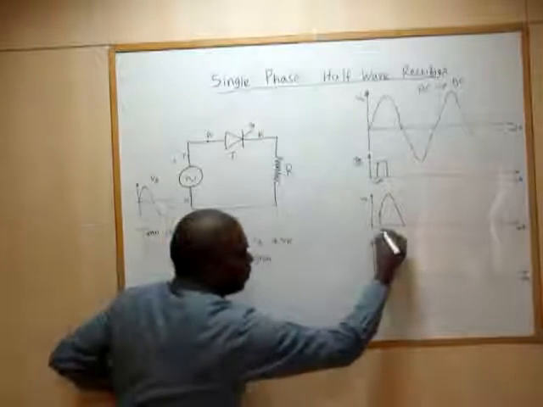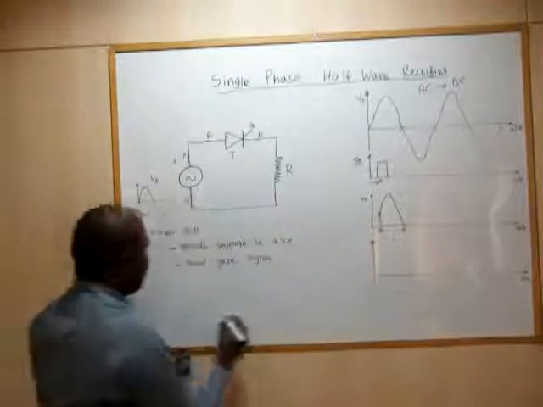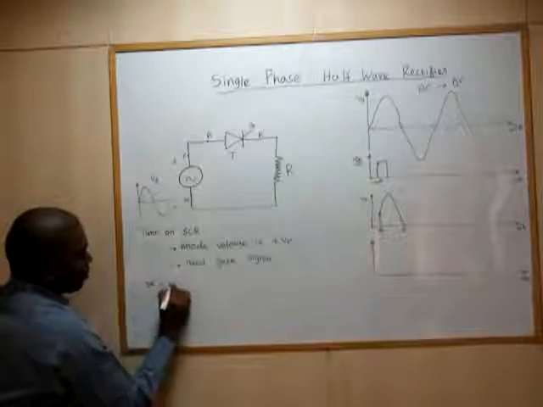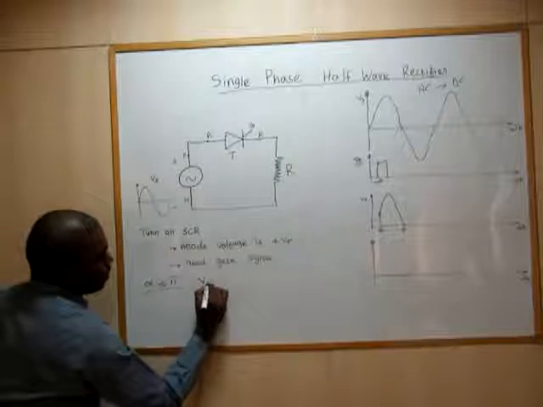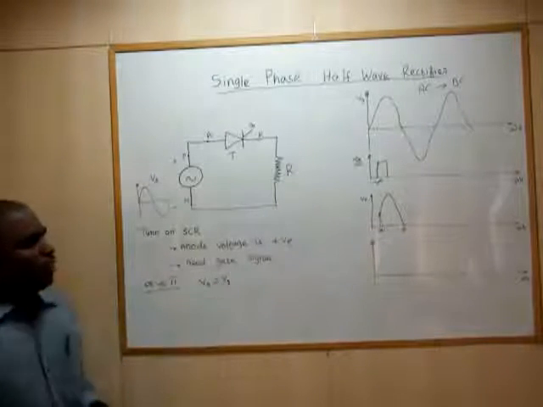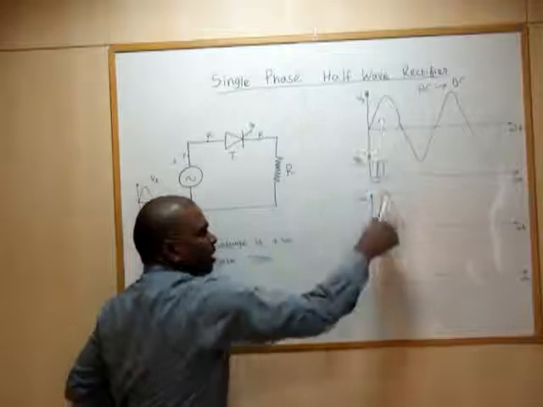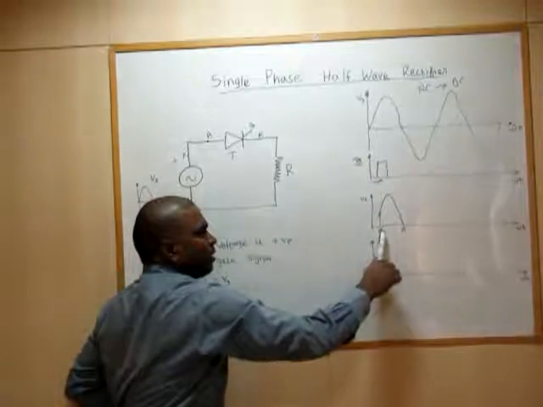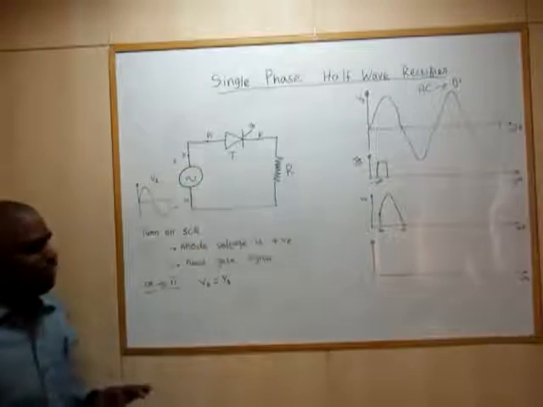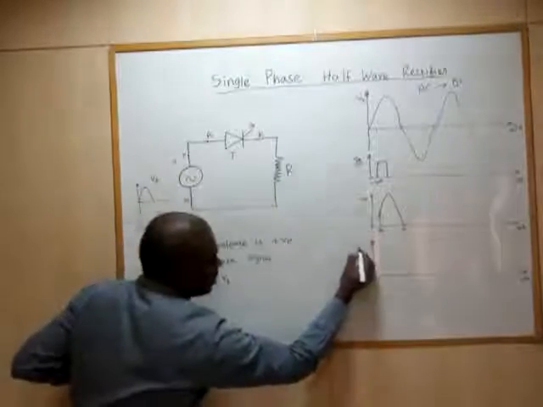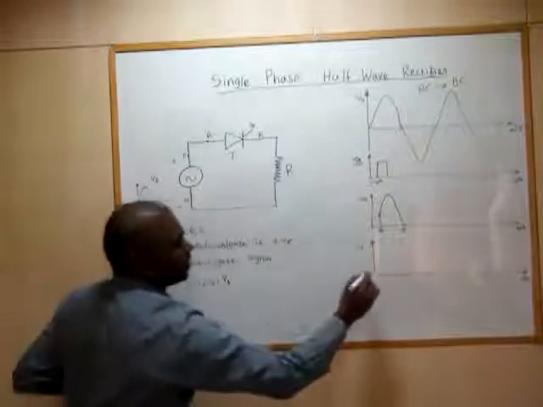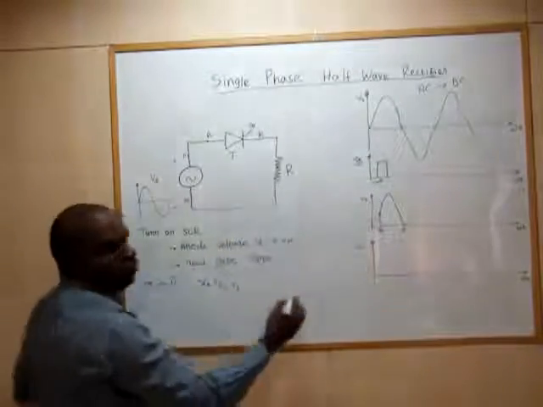This is from alpha to pi. During the period of alpha to pi, V naught is equal to Vs. The output current I naught is also in phase with the voltage because the load is resistive.